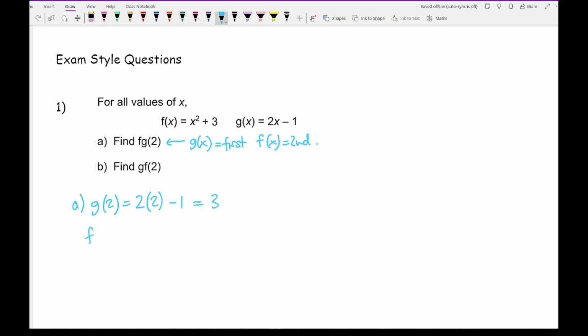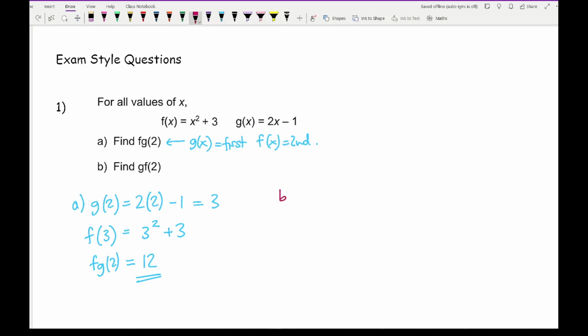And then I'm going to substitute 3, the answer, into this function. So I've got 3 squared plus 3, giving me a final answer of f g of 2 equals 9 plus 3, which is 12.